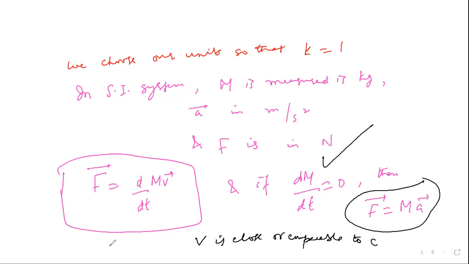But in the non-relativistic limit, this is the relativistic limit, non-relativistic limit means the speed of the body is very, very much smaller than the speed of light in vacuum, then its mass is constant. So these two expressions are equivalent, right? This was my Newton's second law.